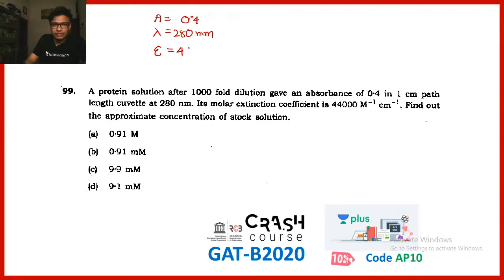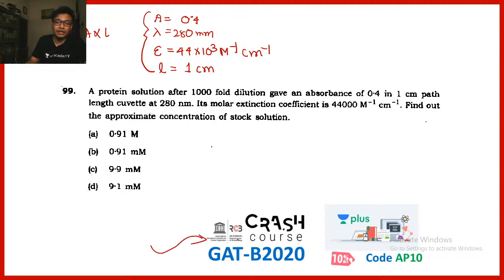Extinction coefficient equal to 44,000, right? Then you have path length, which is L, equal to 1 centimeter, right? So these are the information that you are provided with, okay? And you know the Beer-Lambert law, absorbance is proportional to concentration, and also absorbance is proportional to the path length. About the derivation of the Beer-Lambert law, I have a detailed lecture in this particular course.